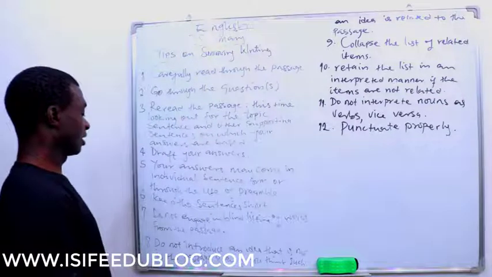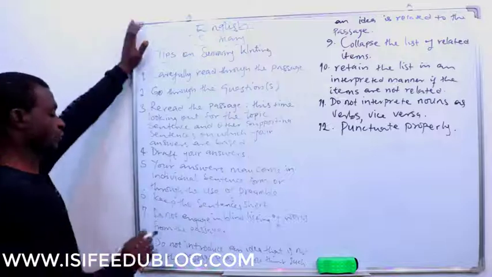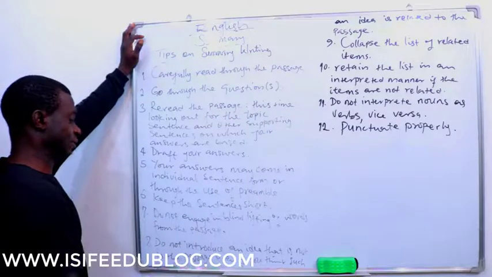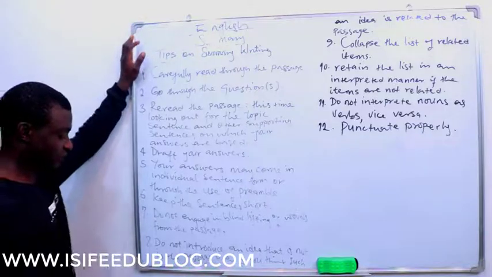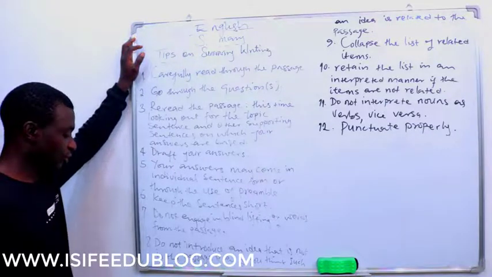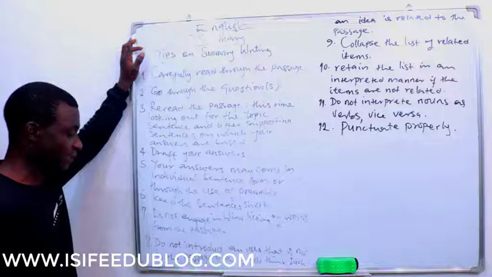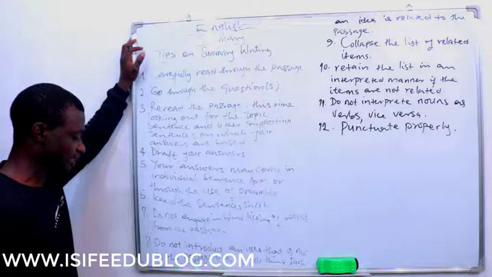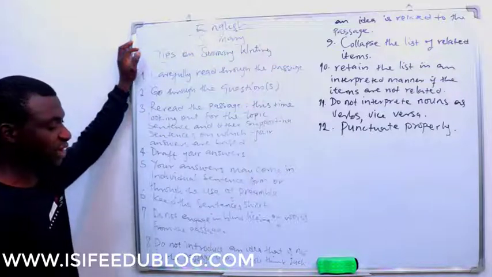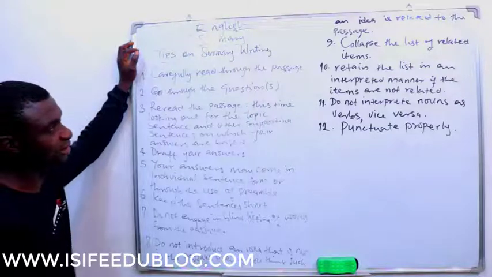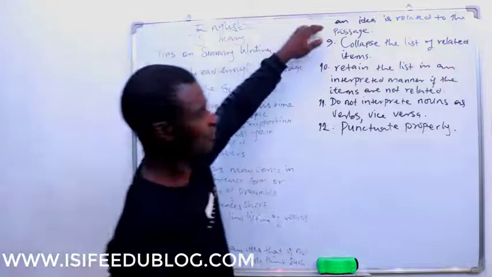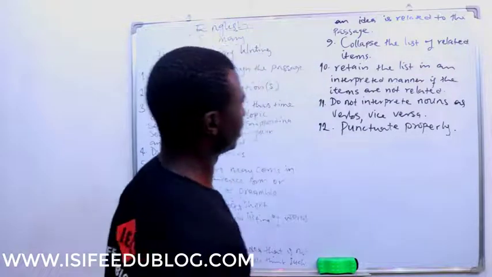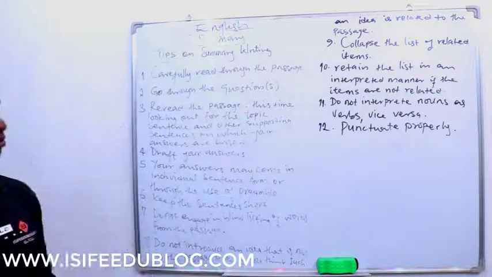So, please do not engage in blind lifting of words from the passage. Number 8. Do not introduce an idea that is not in the passage, even if you think such an idea is related to the passage.